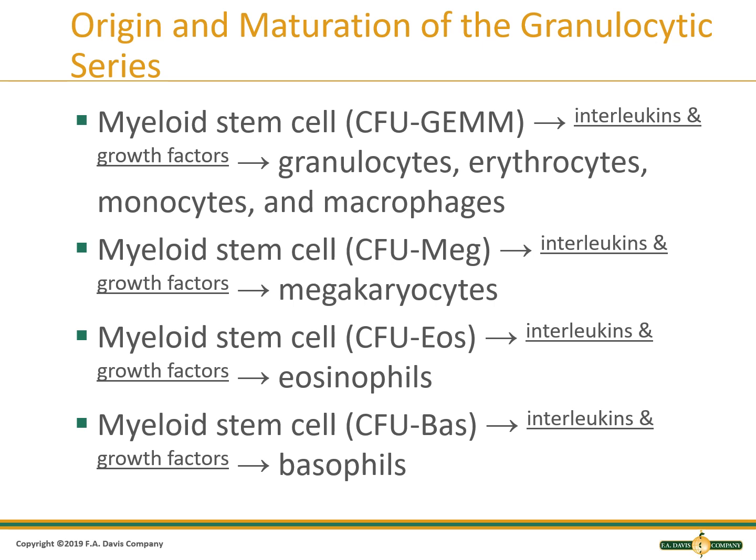Then you have MEG, so you have interleukins and growth factors that stimulate the production of megakaryocytes, which are your precursors to your mature platelets. The CFU EOs, which is the same process of the hormones and growth factors giving rise to the production of eosinophils. And lastly, the CFU BAS, which is the process by which the basophils originate.